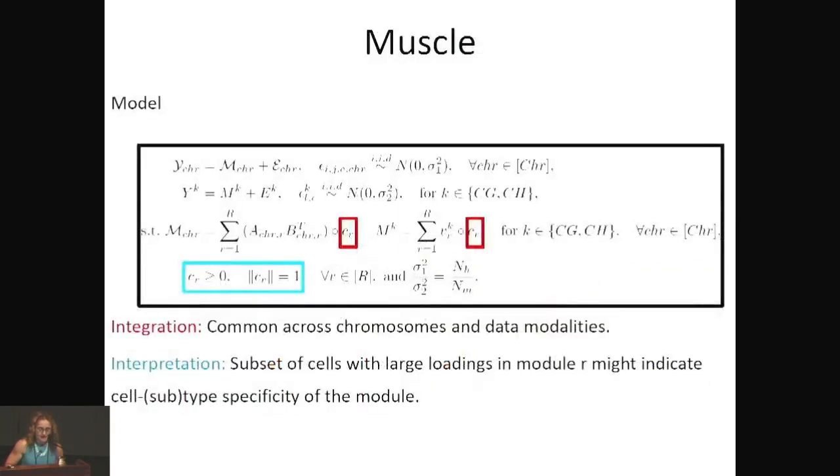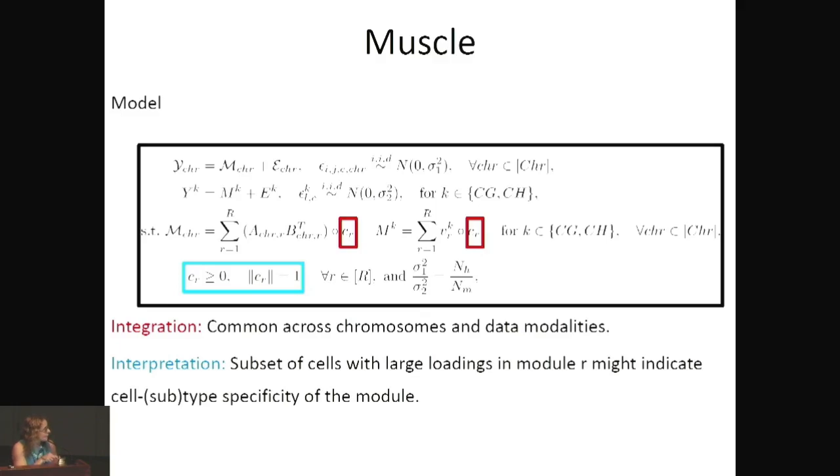And then finally, we can write down the whole model as the composition of these 2 tensors. I already talked about the importance of cell loadings being common across chromosomes and also data types. That's how we succeed in integrating.